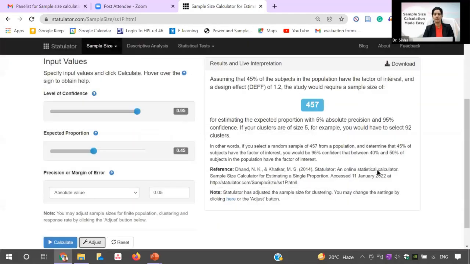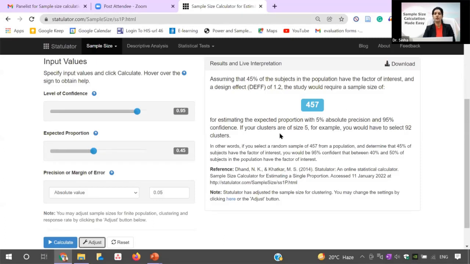If you press this update, you will see, now first see the write-up. So assuming that 45% of the subjects in the population have the factor of interest. So how will you write this? You will write that assuming that 45% of the children have caries in their deciduous teeth, or whatever was the research question, and the design effect of 1.2, the study required a sample size of 457 for estimating the expected proportion with 5% absolute precision and 95% confidence.